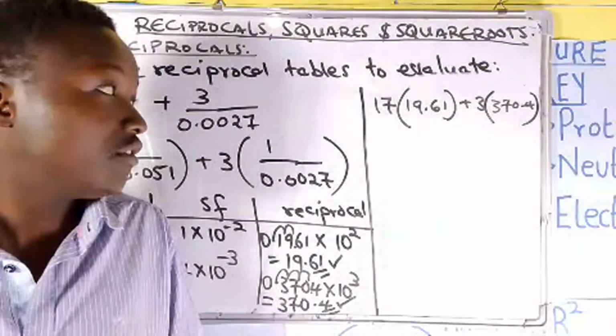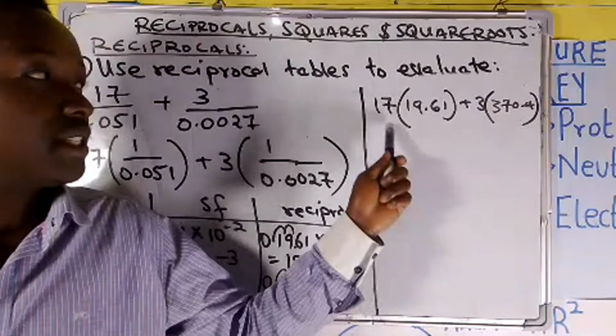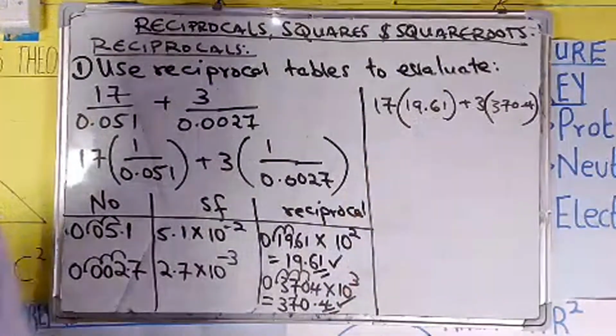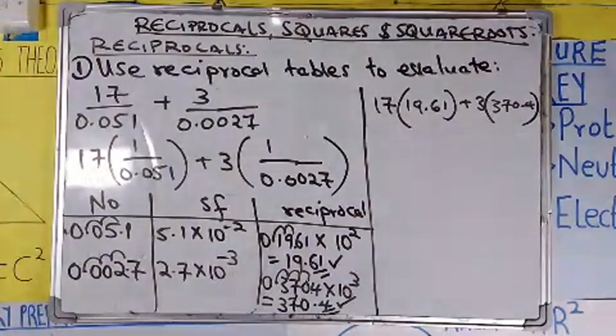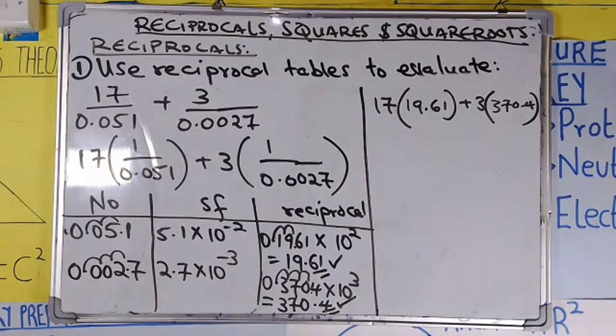Multiply it very fast. Give me the answer on the comment section. What is 17 multiplied by 19.61? Good, 333.37.